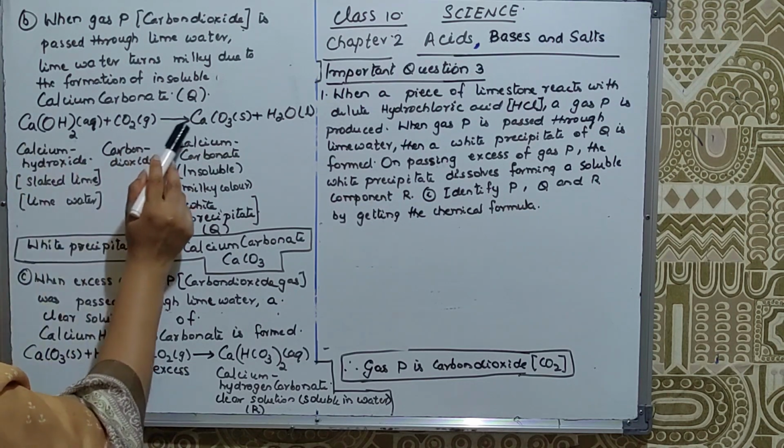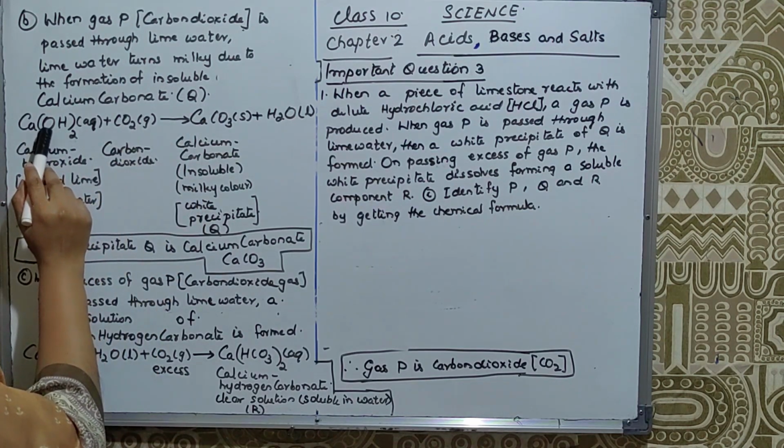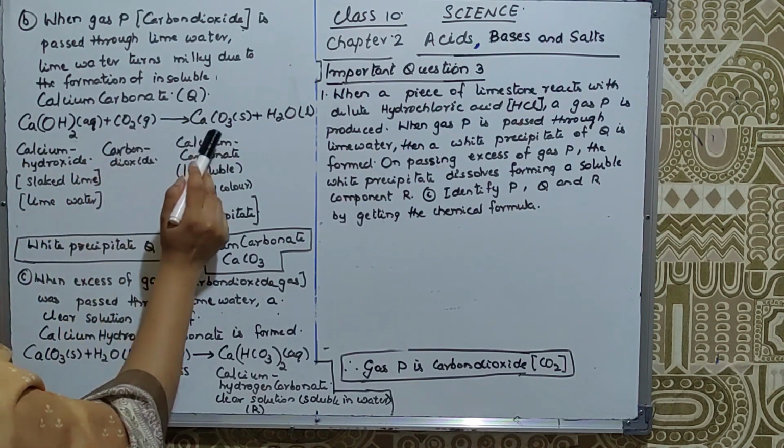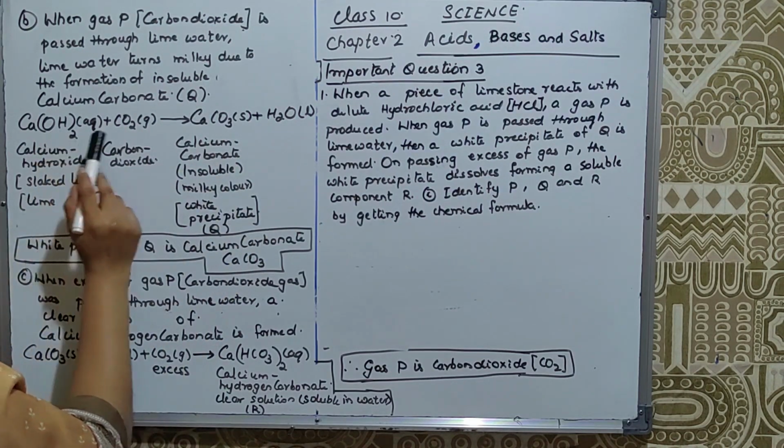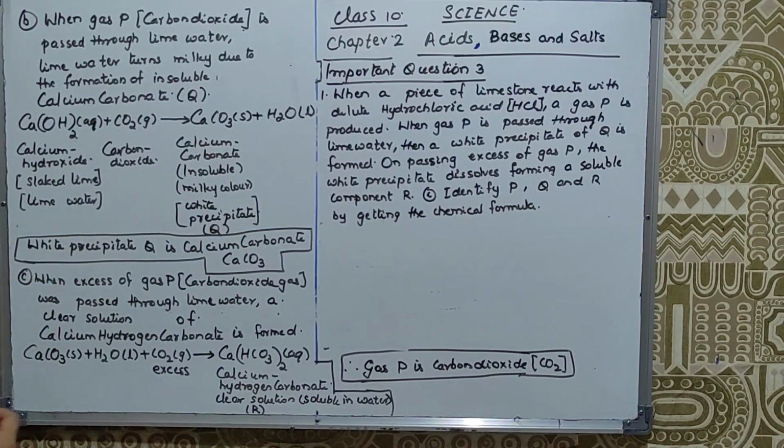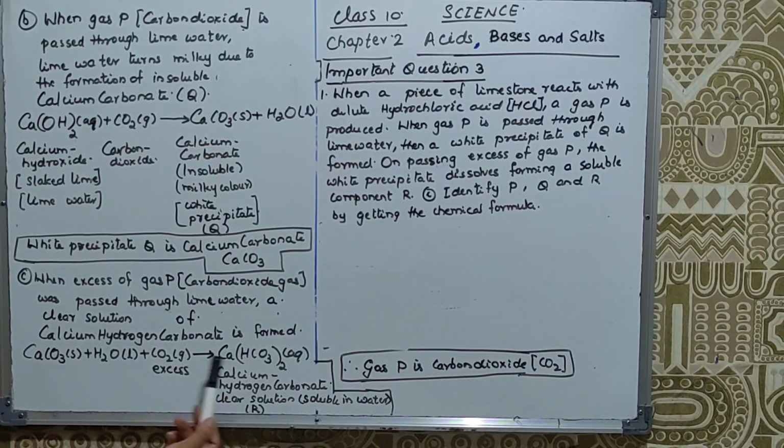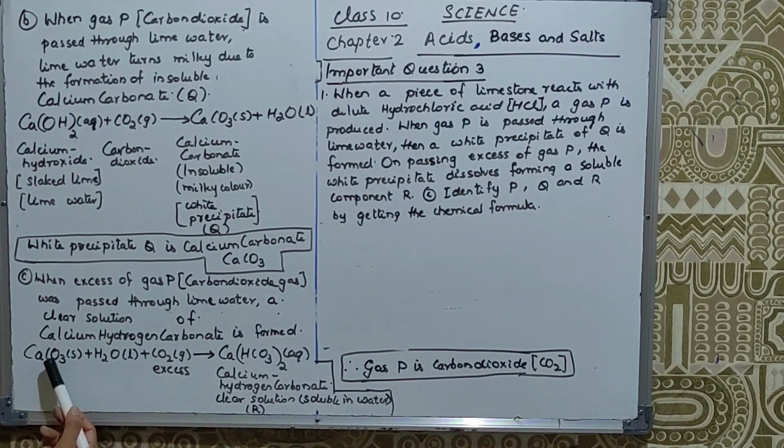Calcium 1 on both sides, oxygen 2 plus 2, 4, 3 plus 1, 4, hydrogen 2 on both sides. Here also calcium carbonate, calcium 1, carbon 2, oxygen 3 plus 1, 4, plus 2, 6, and 3, 2 are 6. These two are balanced equations only.